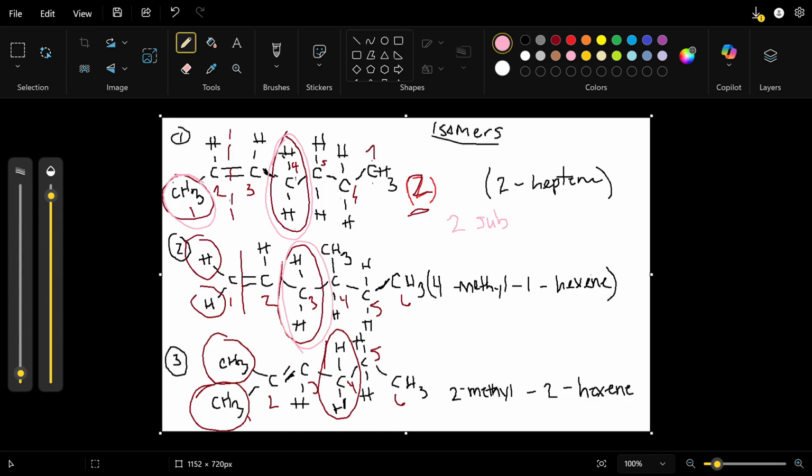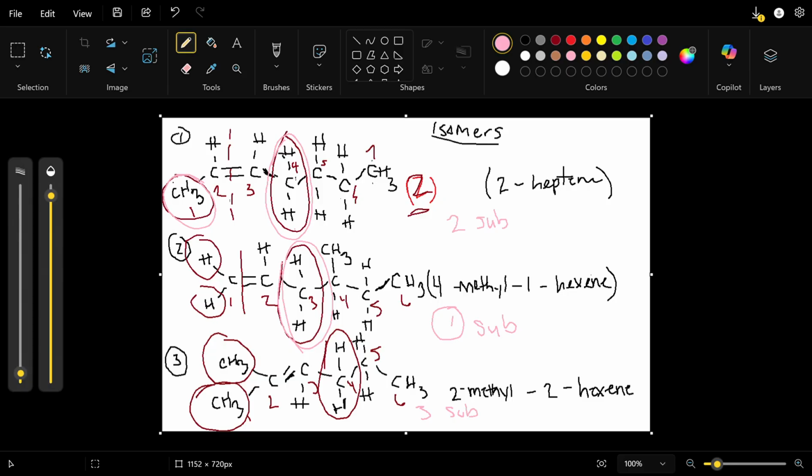All the other ones on the carbons are just hydrogens. Meanwhile, one of them is a carbon with two hydrogens, so it's a little different. And then for the third one, we will have three substituents.